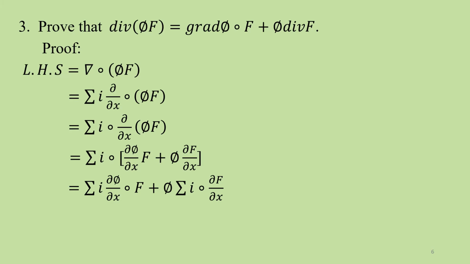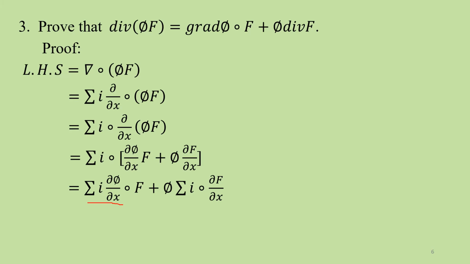Correct? Now what is summation i of i dou phi by dou x? That is nothing but the gradient of phi. If you expand this, you will get dou phi by dou x i plus dou phi by dou y j plus dou phi by dou z k, which is nothing but the gradient of the scalar function phi. So this is the gradient of phi, which is the first term we expect, and we got grad phi dot f.